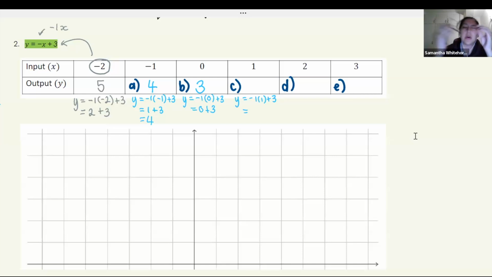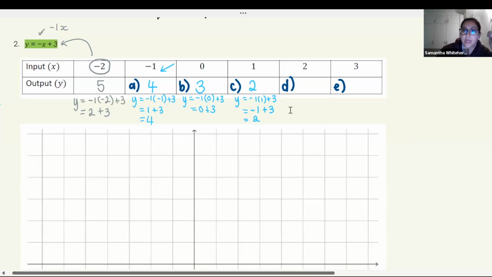So if we have a look at +1, if we've got -1 times +1, a negative times a positive is a negative. So we've got -1 plus 3, which will then give us +2. So 4 is if we had -1 as our input. Well done.